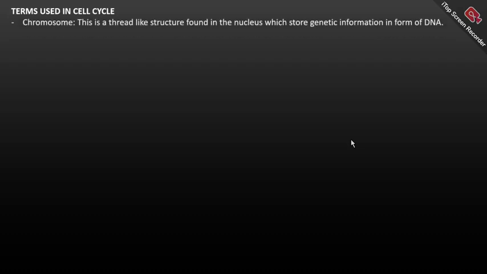What are chromosomes? This is a thread-like structure found in the nucleus which stores genetic information in the form of DNA. Very simple. Now, among the chromosomes, there might be sex chromosomes and autosomes. Now, when we say sex chromosome, we are not saying they look sexy.